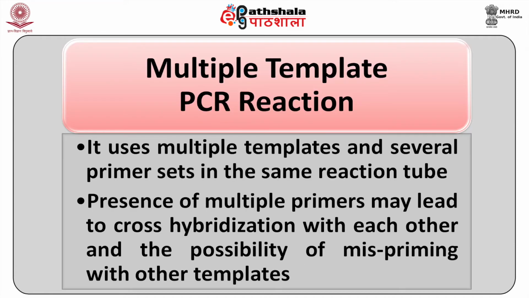Second, the multiple template PCR reaction. It uses multiple templates and several primer sets in the same reaction tube. The presence of multiple primers may lead to cross hybridization with each other and the possibility of mispriming with other templates.